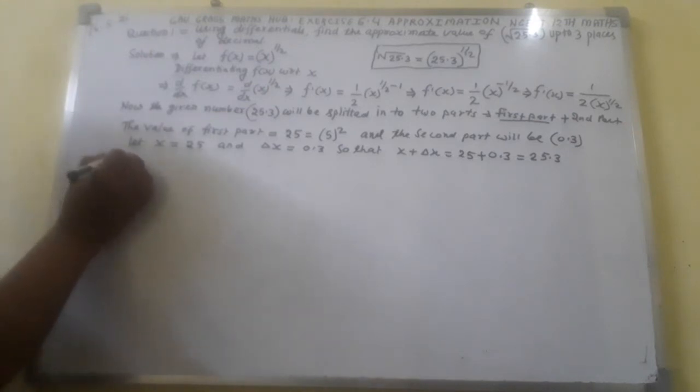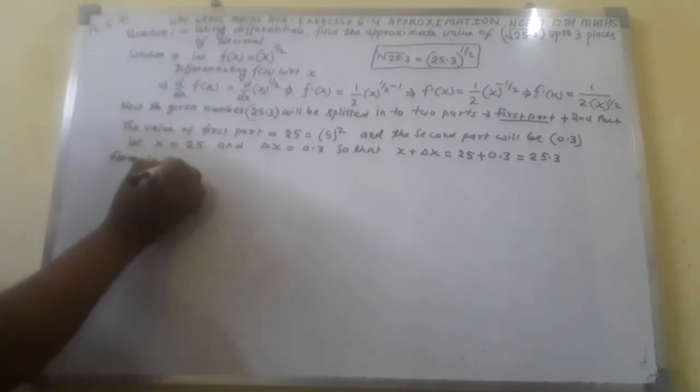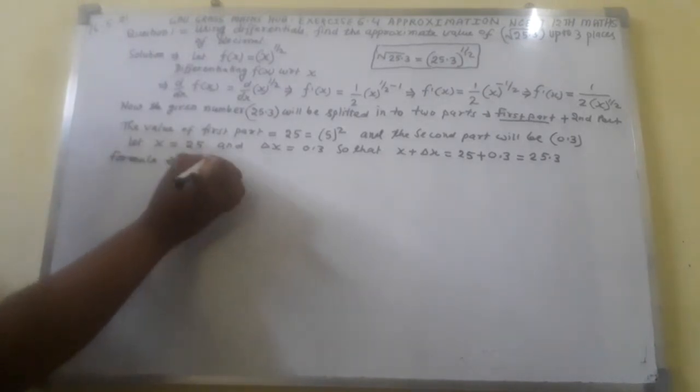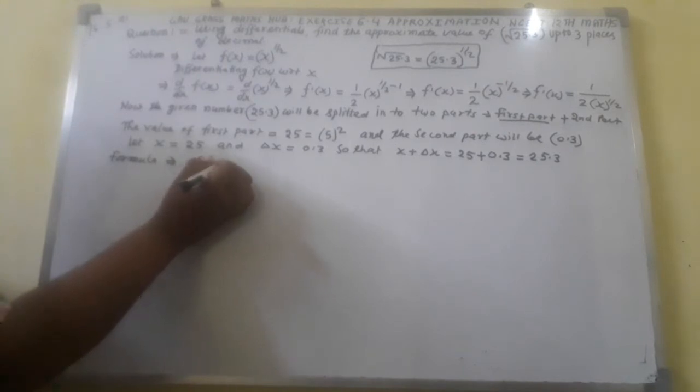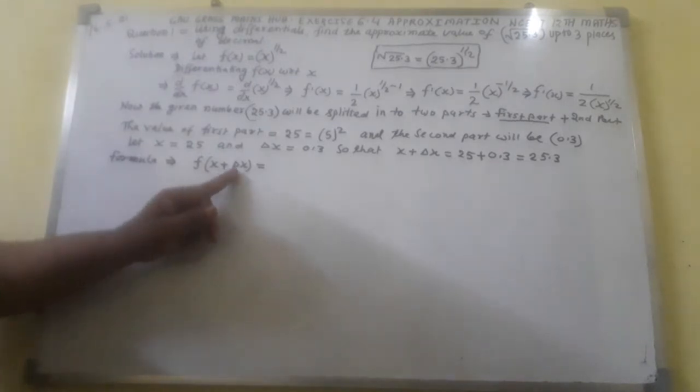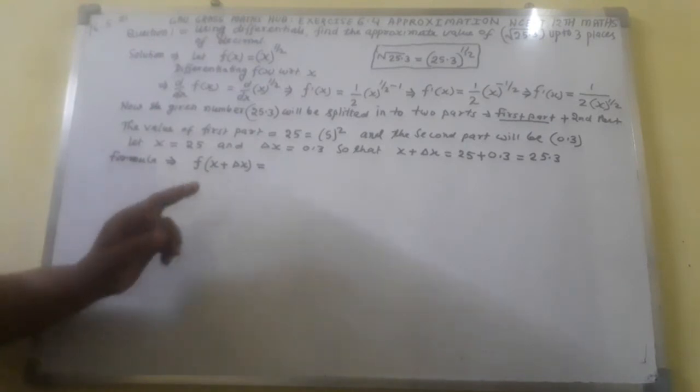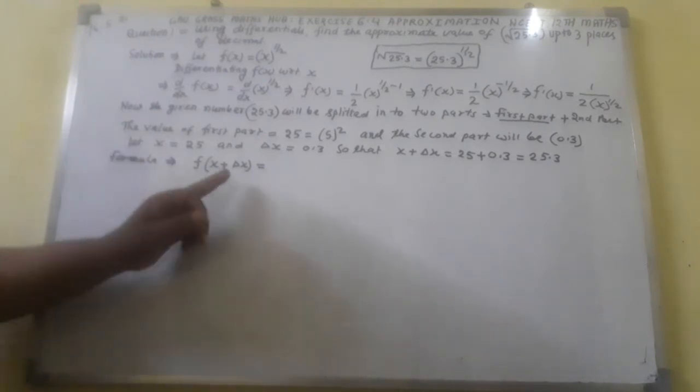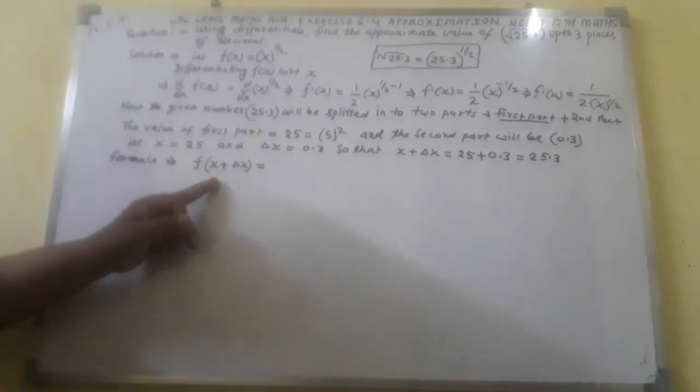Formula implies f of x plus delta x. Here x is the original value of the function, and delta x is the error of the given function.